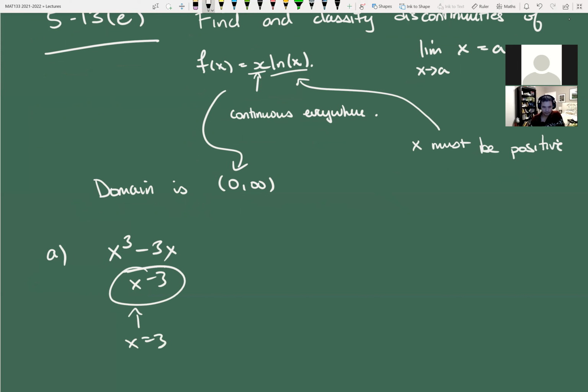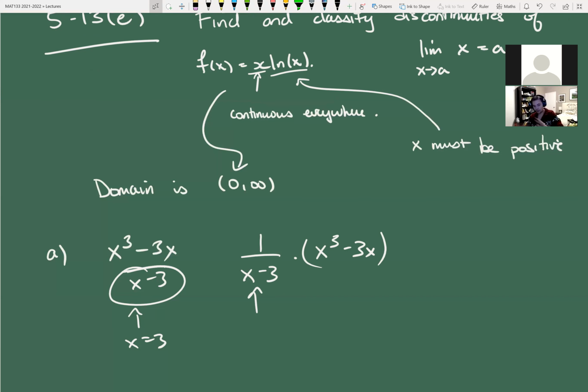Here I don't want you to think of x minus 3 as being the function. I want you to think about this as 1 over x minus 3 times x cubed minus 3x, right? And this thing is discontinuous at 3. Remember, you're not allowed to divide by 0. So we have to be a little bit tricky. You don't want to just think of the denominator as being x minus 3, because x minus 3 is fine at 0, right?